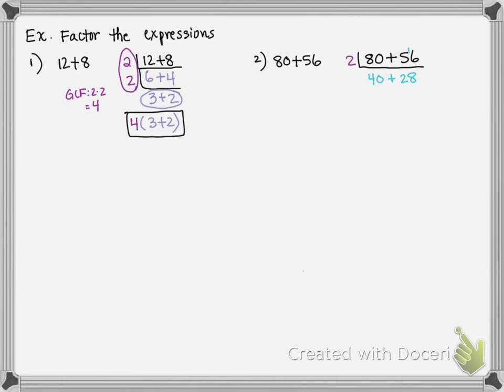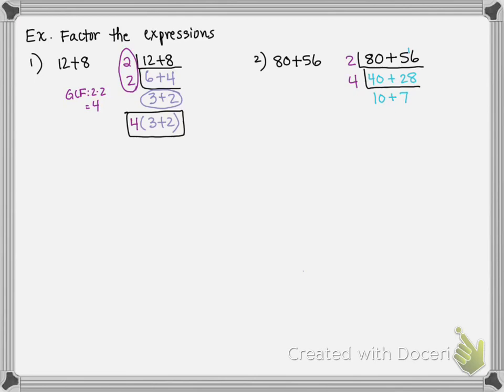All right, I see that they're still both even, so I'm going to add another layer here, and let's say that we notice, I know 4 can go into 40 and into 28, so let's try a bigger number. Let's see what that looks like. So I get, oops, sorry, forgot to change my color. Let's try that again. So 40 divided by 4 is 10, and then it says plus, and then 28 divided by 4 is 7.